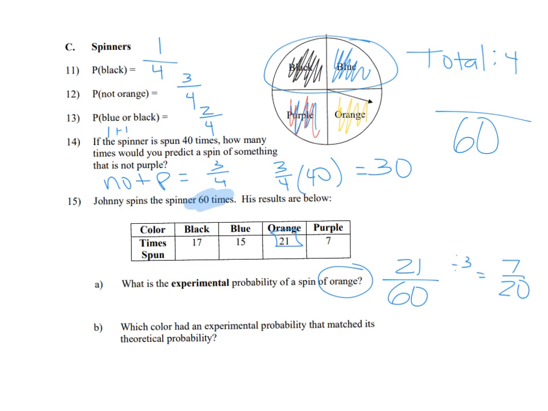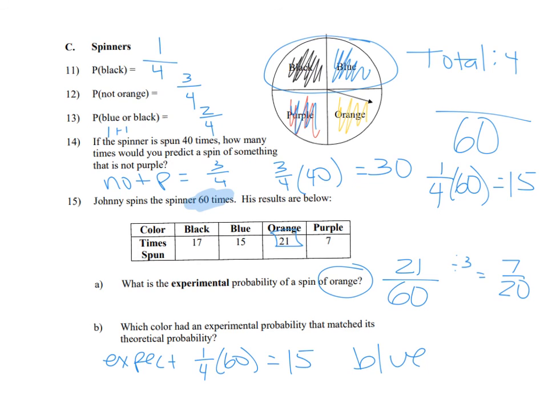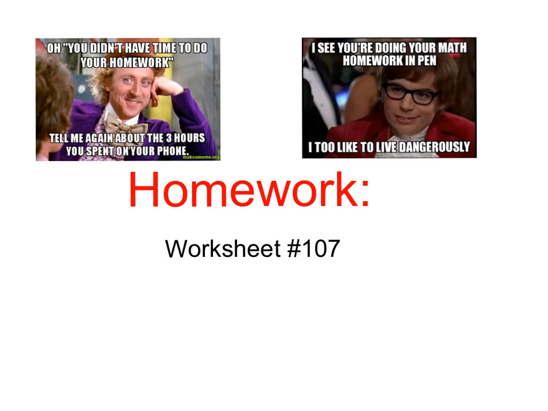So it would be 1/4 times 60 equals 15. I should have written that down here. So what we expect, 1/4 times the total number. So which one did we actually roll 15 times? Blue. Right? And that is it.